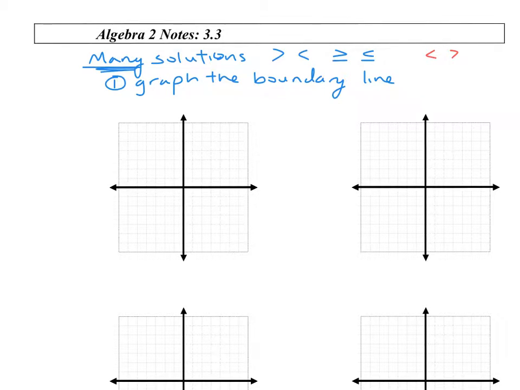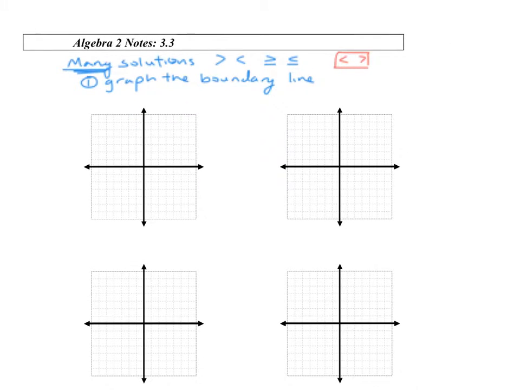No. So when you see one of these, it's going to be a dotted line. When you see the bar under it, it can include that thing that we're talking about, the number, the equation we're talking about. So that is going to be a solid line. The dotted line's like an open dot on a number line. Yes, exactly. Okay, so step 1, graph the boundary line.